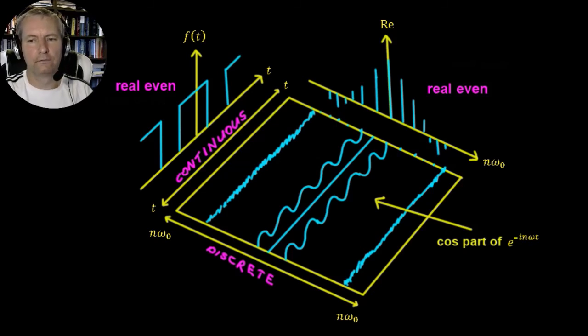Now if it turns out that the function that we're going to use is, say, purely an odd function, then we wouldn't have a cos omega t surface, we would have the sine omega t surface. If the function had both parts, so that it was neither purely even nor odd but a mixture of both, then we would have to have the two surfaces, which would be a cos omega t and a sine omega t surface, but that would be difficult to represent here, so we'll just look at it in terms of a simple function here of a real even function for the moment.